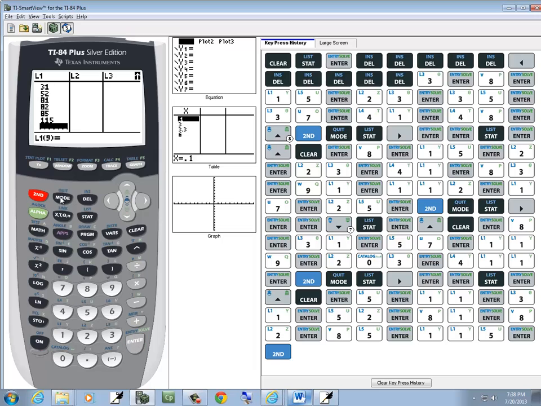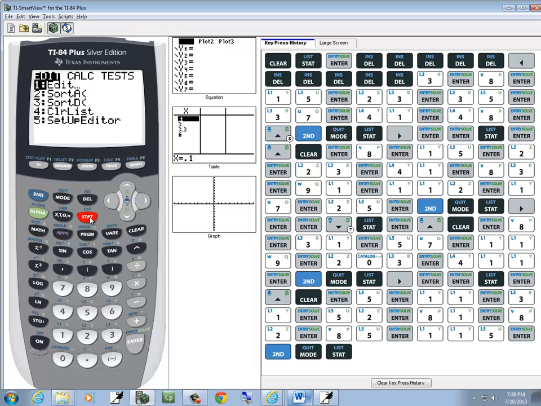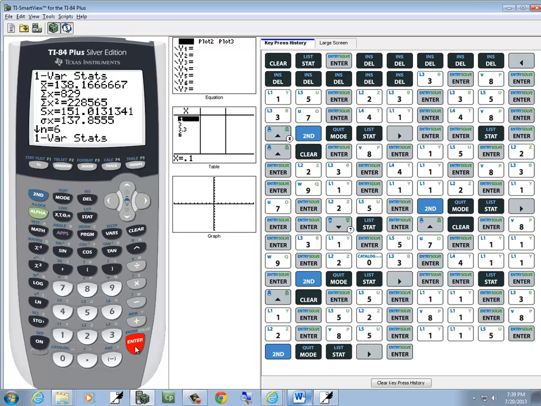Exit out, second mode. I'll press my stat and right arrow to calc, choose one of our stats, and press enter.